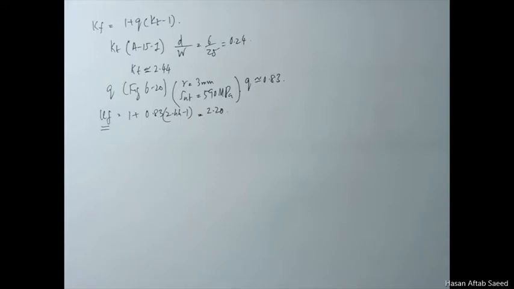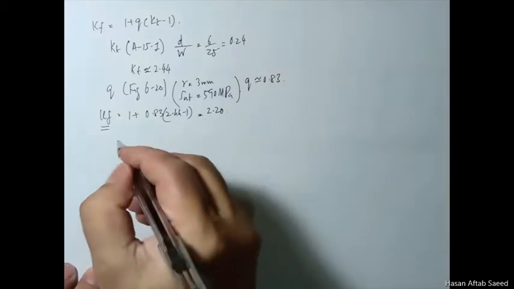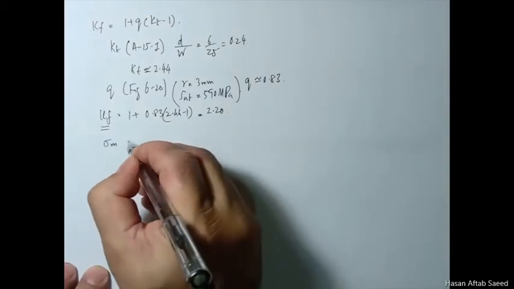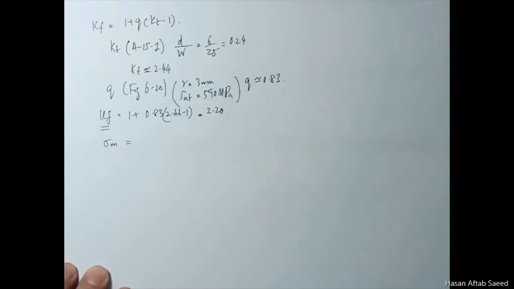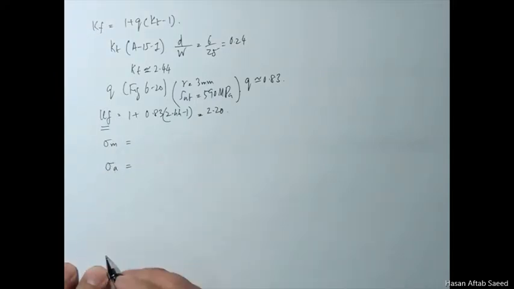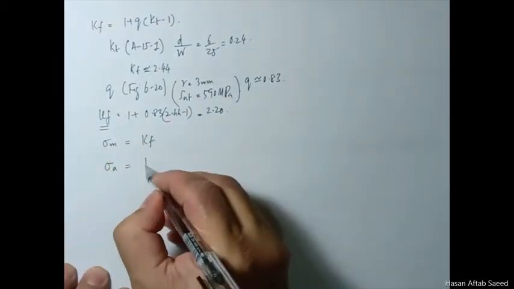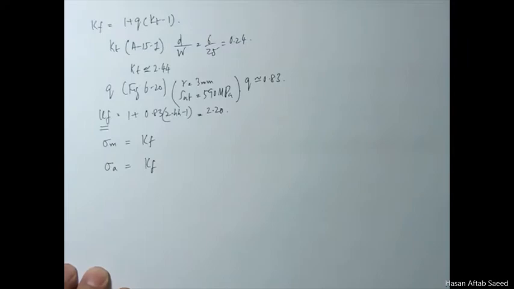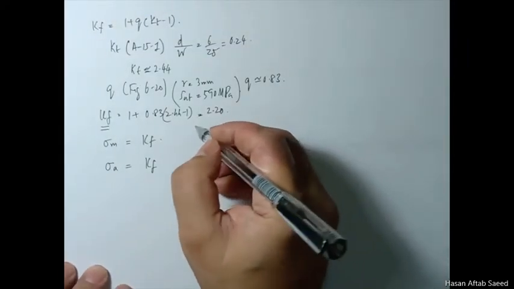Now we have these Fa and Fm values, and we also have the Kf value. So let's find our mid-range stress and our alternating component stress. We have to multiply both with Kf because we are talking about a fatigue problem. And the rest is very easy.